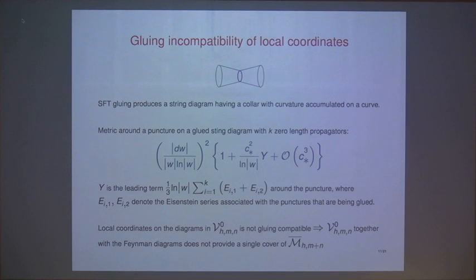But the good thing is that the correction is of the order c star square. So if I take the parameter c star going to 0 limit, I can avoid all the higher corrections, all the c star cube corrections, and assume that the metric that is induced on the glued diagram is the hyperbolic metric multiplied with this correction factor of the order c star square.